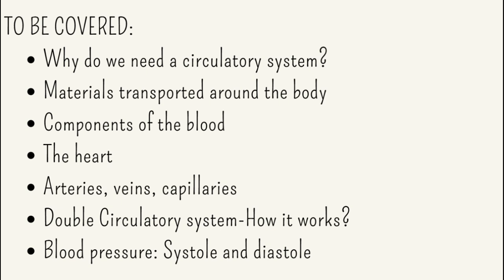Then we'll discuss how double circulation takes place and why. In humans we have double circulation, which means the blood passes through the heart twice: deoxygenated blood, and then oxygenated blood. Then we'll look at blood pressure, meaning systole and diastole. That's the plan.